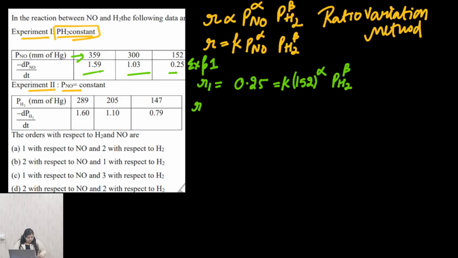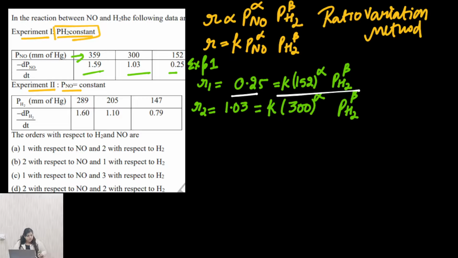And the other rate expression, at that point the value is 1.03. This is equal to the rate constant K, with the pressure of NO at this time being 300, raised to the power of alpha, and hydrogen again kept constant. We can take the ratio of these two rate expressions.